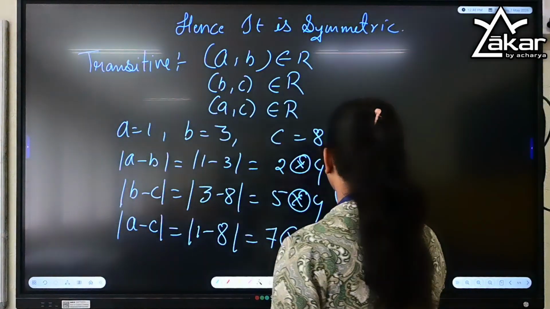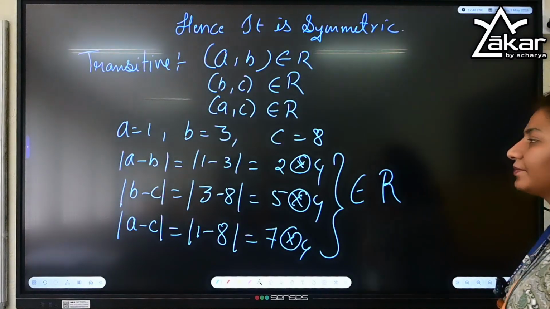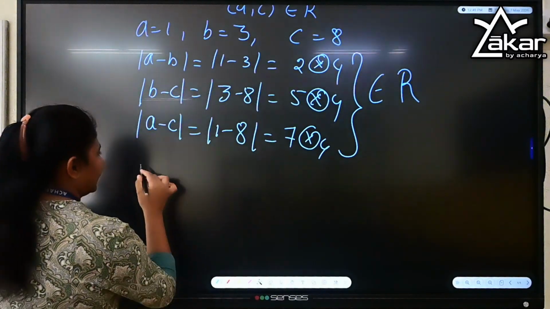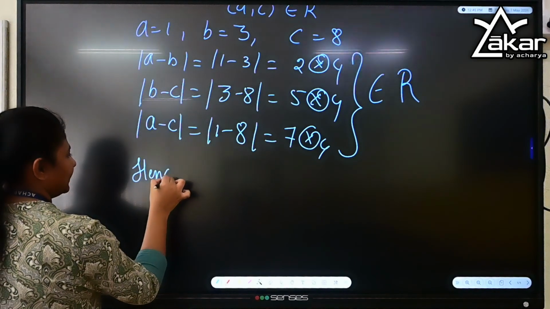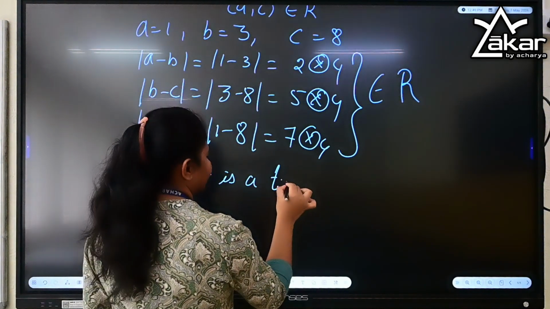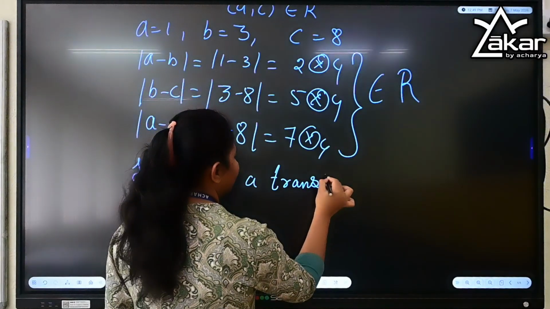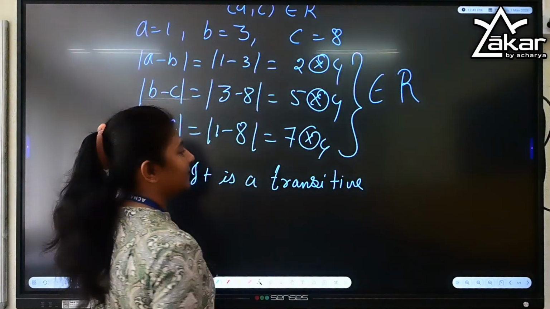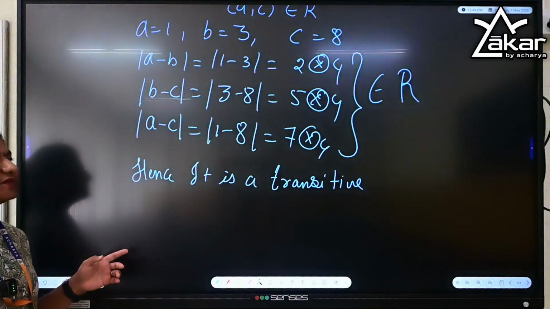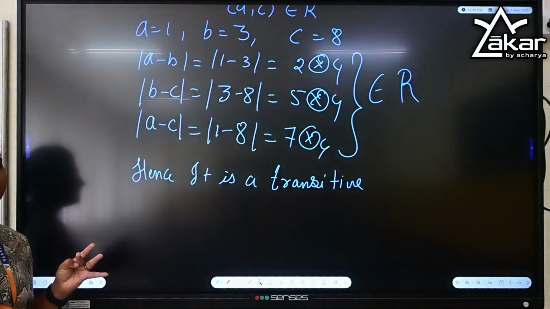So these all belong to R. Hence it is transitive. So this proves reflexive, symmetric and transitive.